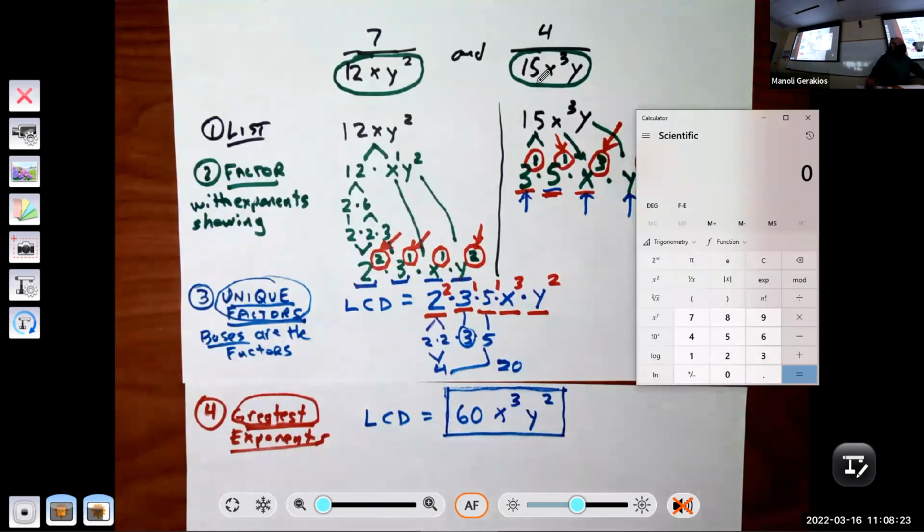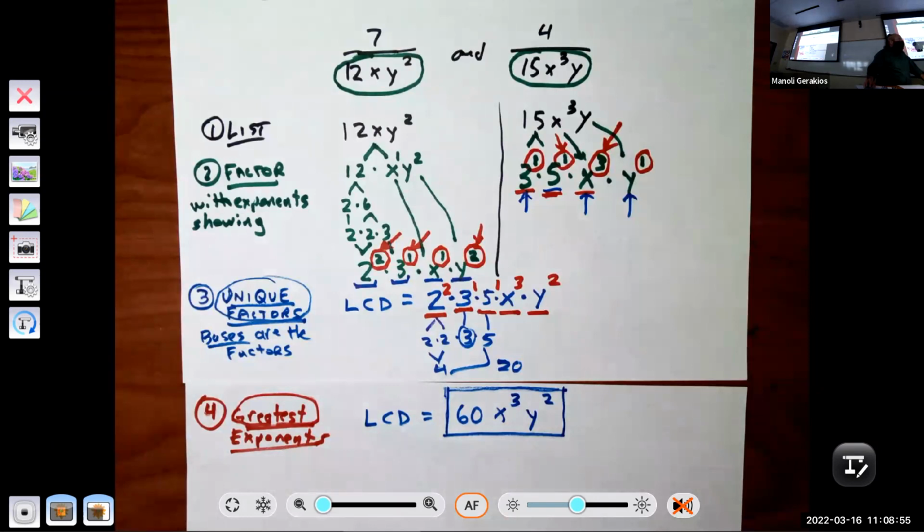But what kind of number would I get if I take these two denominators and times them together now? 12 times 15, I got 180. Moving forward, what would I rather deal with, 60 or 180? 60. It's just a smaller number. You see why we're calculating the LCD the way we do? This is the smallest numbers and exponents on variables that make all the rest of our work easier.